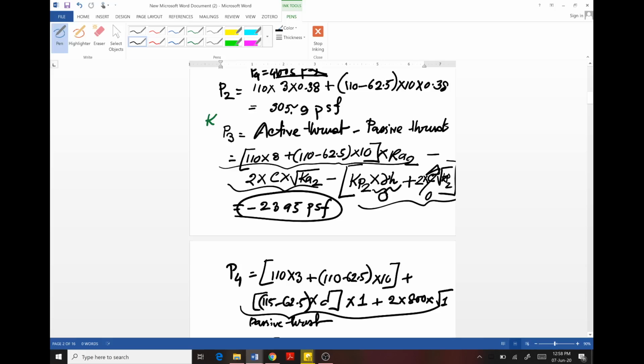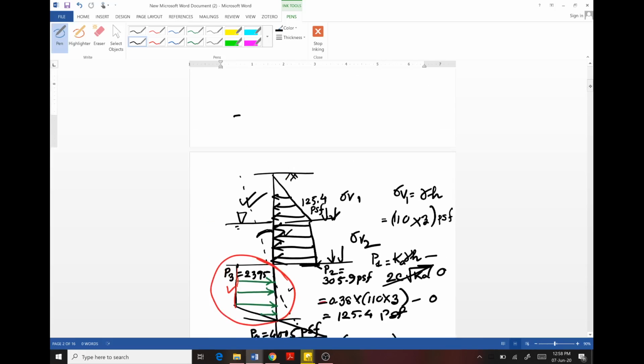Gamma H portion is equals to 0 for the initial point. You can determine the value. Let's take a point H, which is H equals to 2 feet. You can determine the value of earth pressure at this 2 feet level.